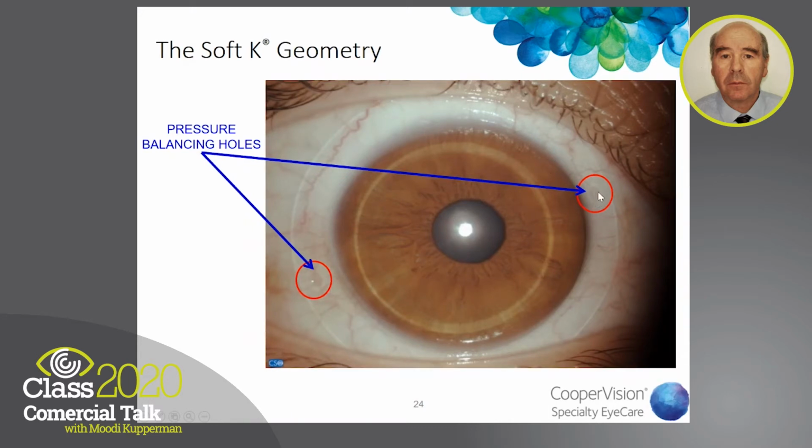The idea is that the holes should be in the limbal area, close to the iris, and it also depends on the size of the cornea. But in most cases, when the patient has something like a 12 millimeter HVID, it is over there.